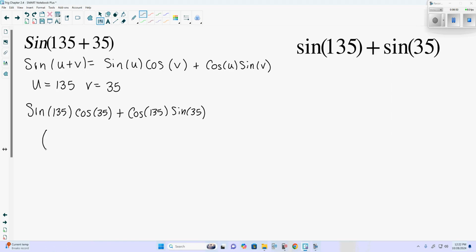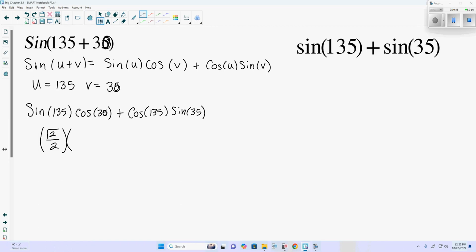Now sine of 135 degrees is square root of 2 over 2. And we're multiplying it by cosine of, that needs to be 30 degrees. I keep forgetting to change that, because otherwise it's not on the unit circle.